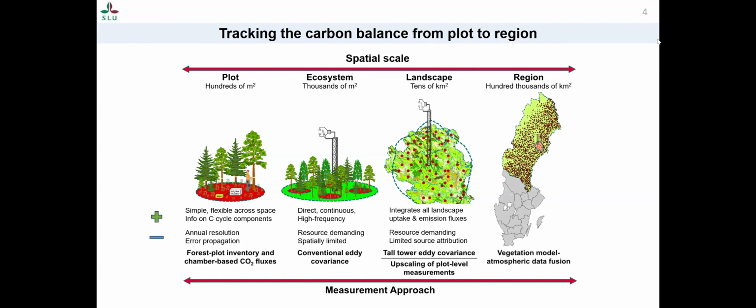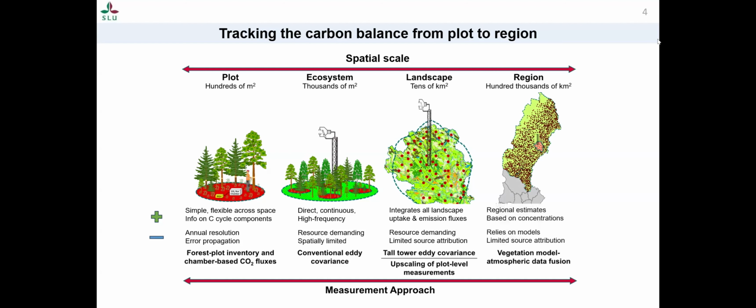At the regional scale, and with region I mean here, for example, northern Sweden, as shown in the green area here, we can estimate the carbon balance using atmospheric concentration observations connected with atmospheric transport models and vegetation models that provide information on sinks and sources to do this kind of inverse modeling estimate.